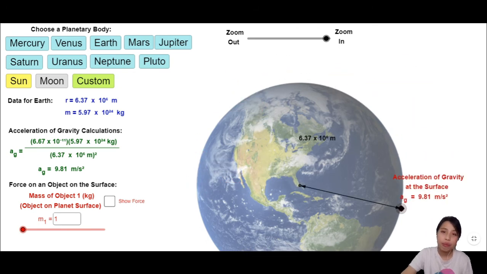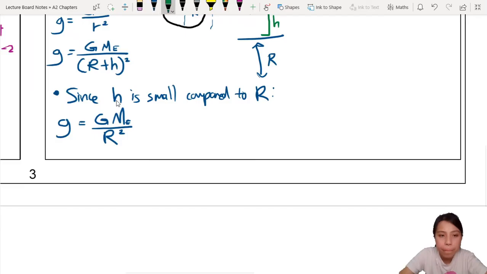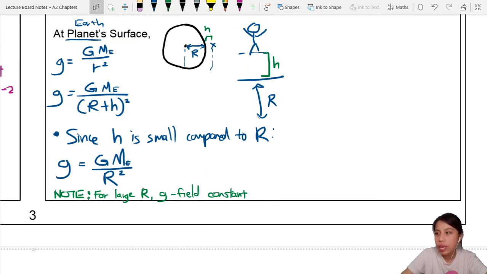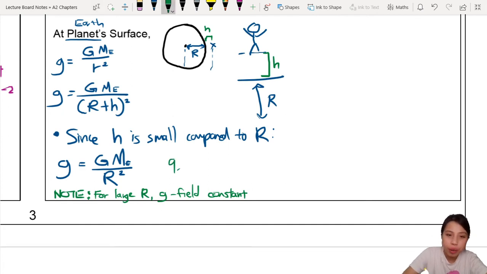If you're a little further, it'll be a little bit different. So yes, that's where we get our 9.81 from. This is our 9.81, in newtons per kg, near the Earth's surface.